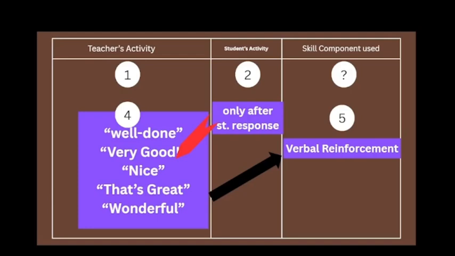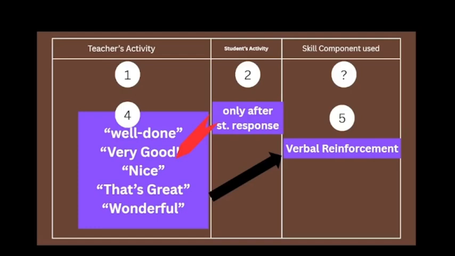After getting the right response or partially right response, or the effort given to respond to your question, when the teacher says, "Well done," "Very good," "That's great," "Wonderful," etc., this could be a verbal reinforcement. But this verbal reinforcement need not be only in spoken form, but also in written form, or also in digital form.